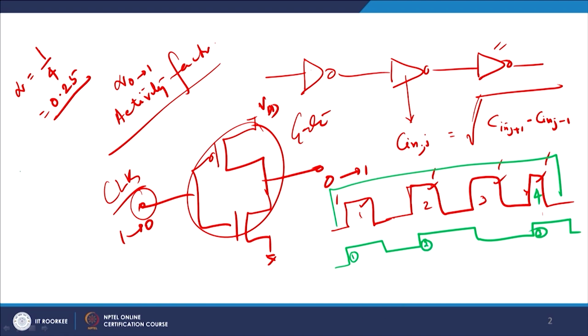Then your activity factor alpha is basically 3 by 4, and it is equal to 0.75.